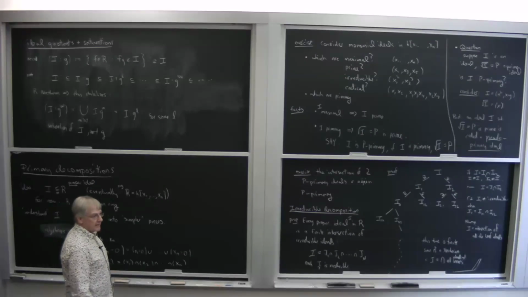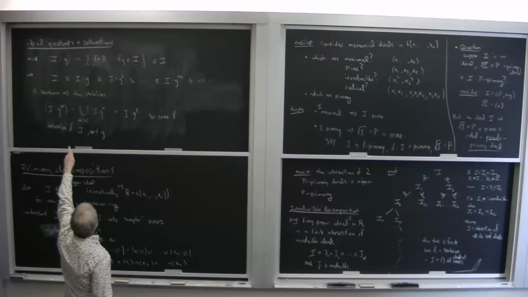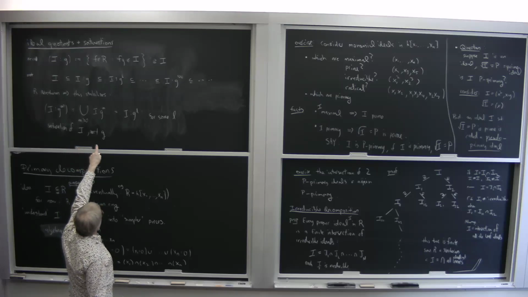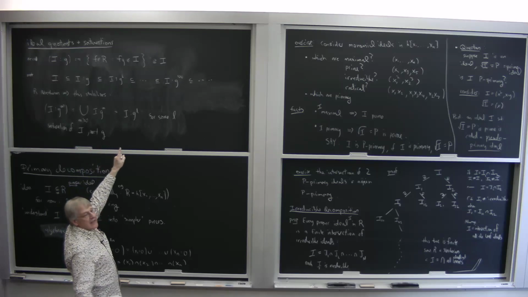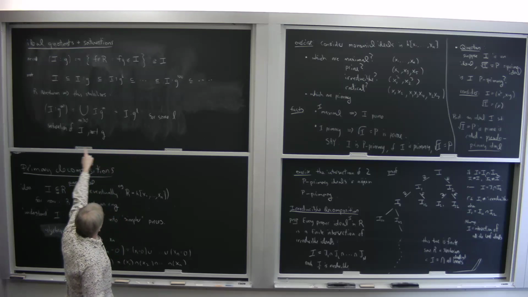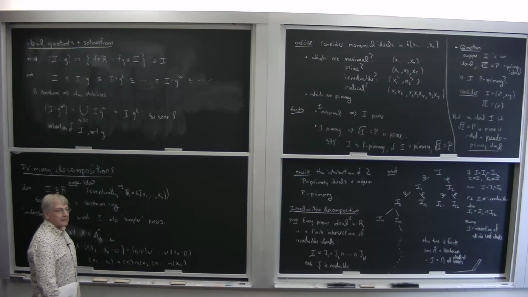In fact, I probably should have done that. A generalization of this notion is if G were an ideal J, I could do I colon J, the set of F such that F times J is a subset of I. And we could just take J squared, J to the 100th, and so on.